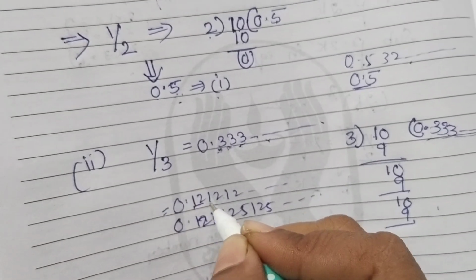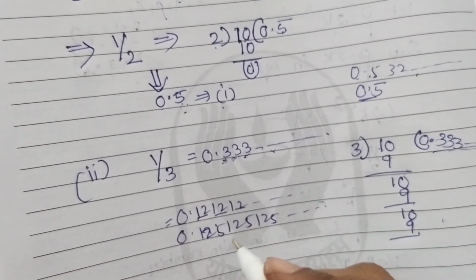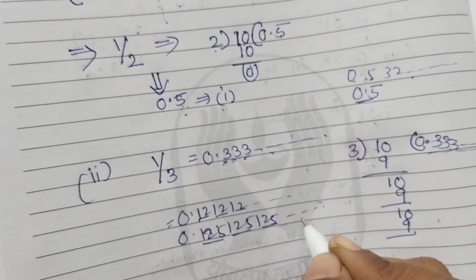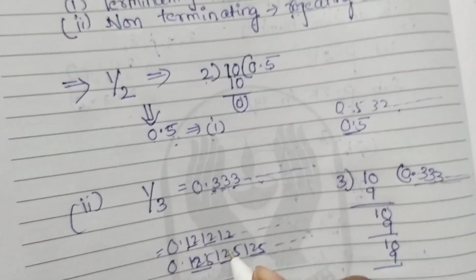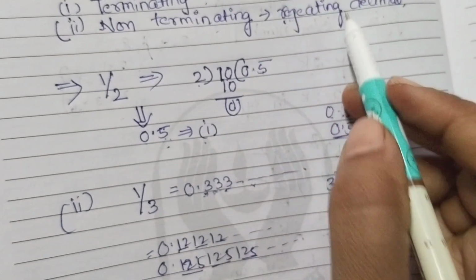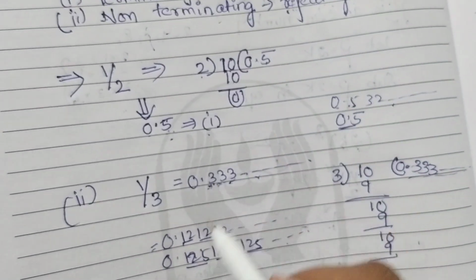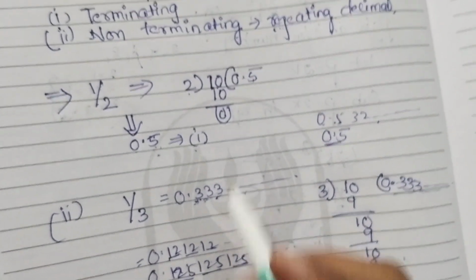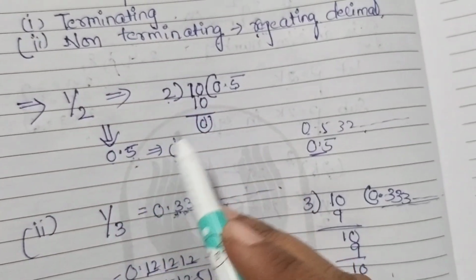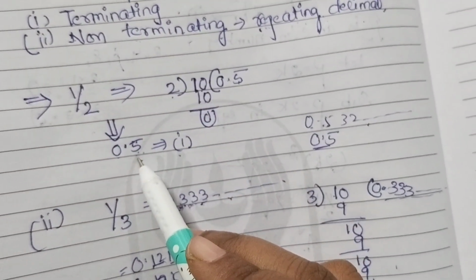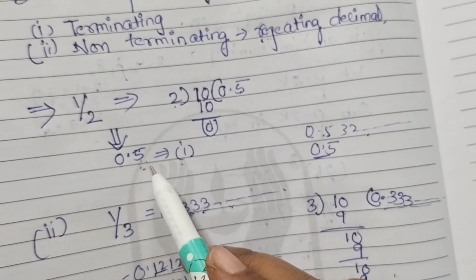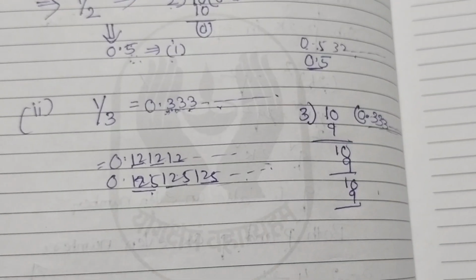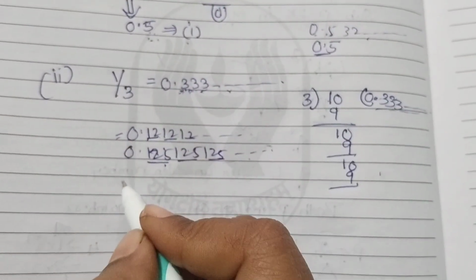See here 1 2 1 2 1 2 is repeated, right? Here 1 2 5 1 2 5 1 2 5, these all are repeated, right? We can have any number in the repeating. One number we can repeat, two numbers or three numbers. We can have any numbers, okay? If it is non-terminating. If it is terminating, directly we'll get the answer. No case of repeating. Okay. See, you can verify this with 1 by 7 also.